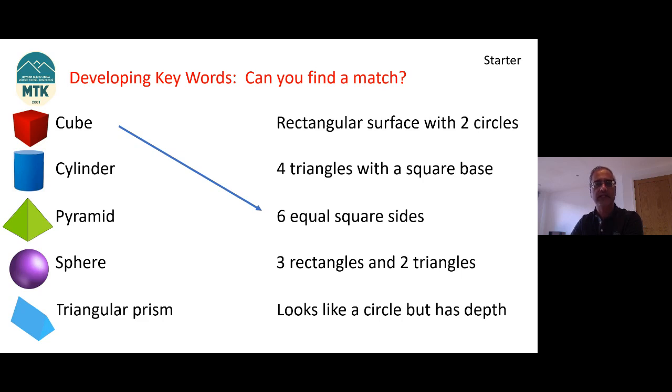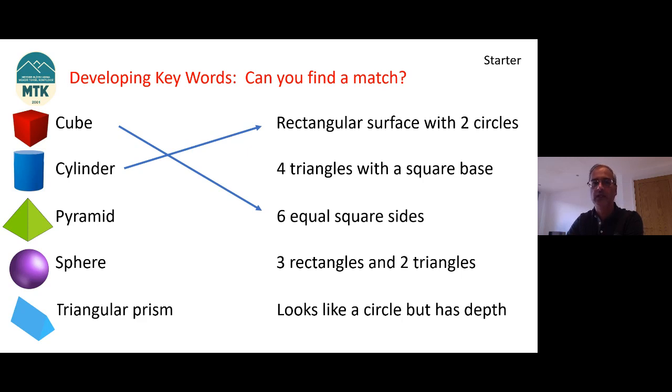So let's take a look at that. Indeed, it's correct. A pyramid. What do you think a pyramid? Which one of those best describes a pyramid? Is it 4 triangles with a square base, 3 rectangles and 2 triangles, or does it look like a circle but it has depth?